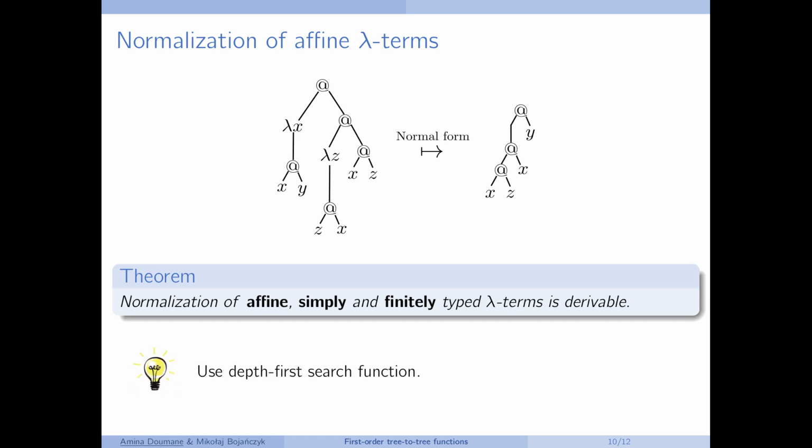But the idea here is to notice that normalization follows very roughly a depth-first traversal of the input lambda term. So here, the depth-first search function plays a key role to prove that normalization is derivable.